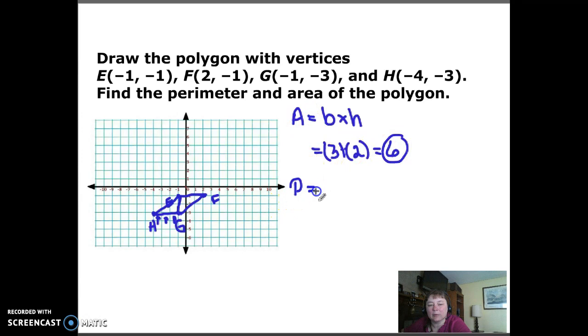Perimeter, remember perimeter? Adding up those sides. So we found HG plus EH plus EF plus FG.